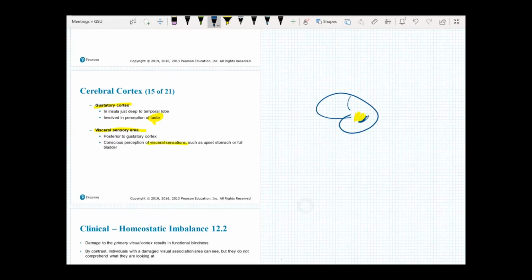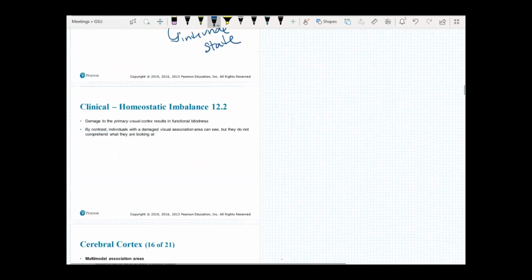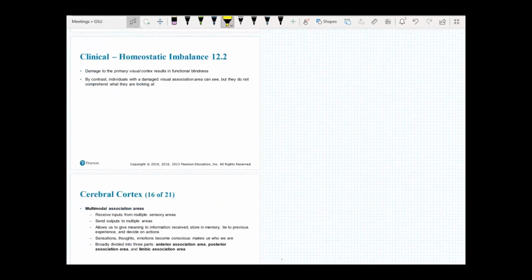So visceral would be your internal state. So this is where you're able to feel pain, pressure, hot, cold, whatever it may be, deep from inside of your body.